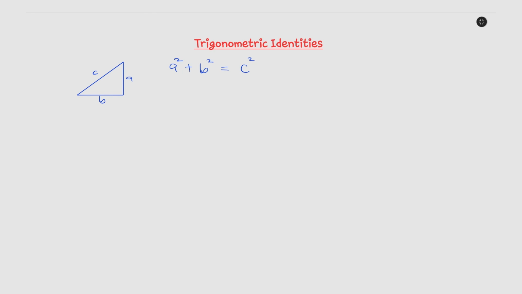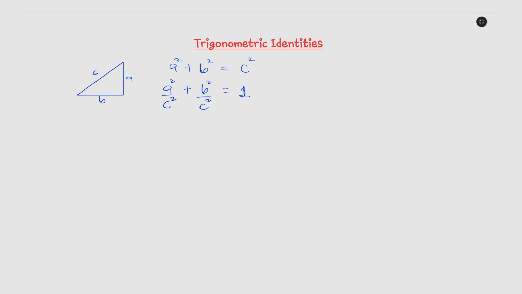Now I want us to divide all through by c squared. If we divide all through by c squared, we will now have a squared over c squared plus b squared over c squared is equal to 1, because c squared and c squared have cancelled, now we have 1.